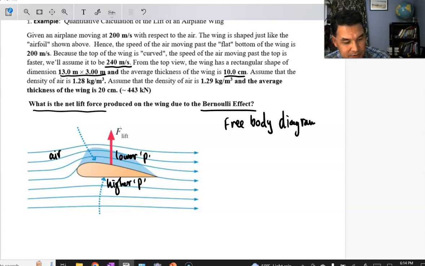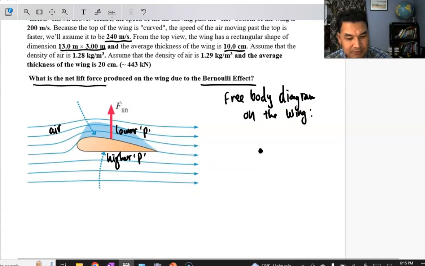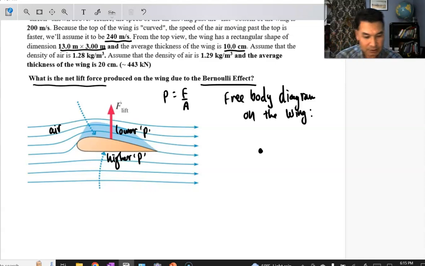In the free body diagram, the wing can be simply replaced by a dot, and you have two pressure forces. Remember, pressure is force over area, from the very beginning of fluid mechanics. So the pressure force is pressure times area, and it's driven by two pressure forces.